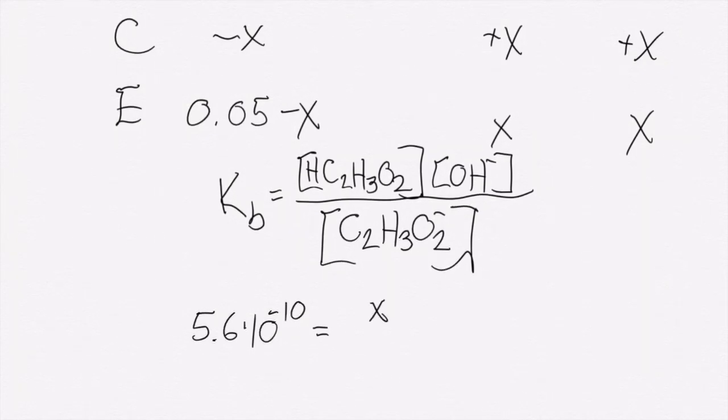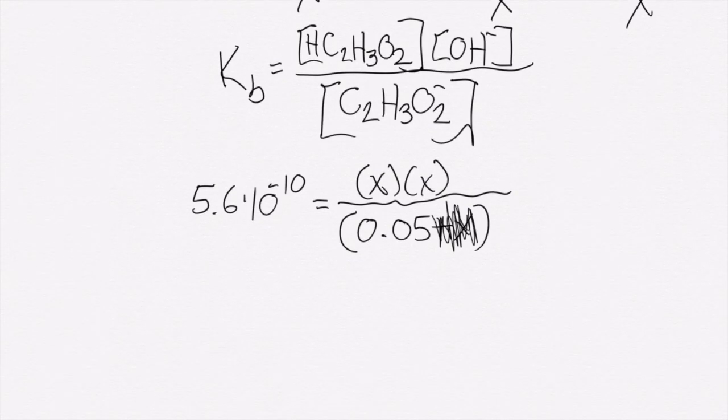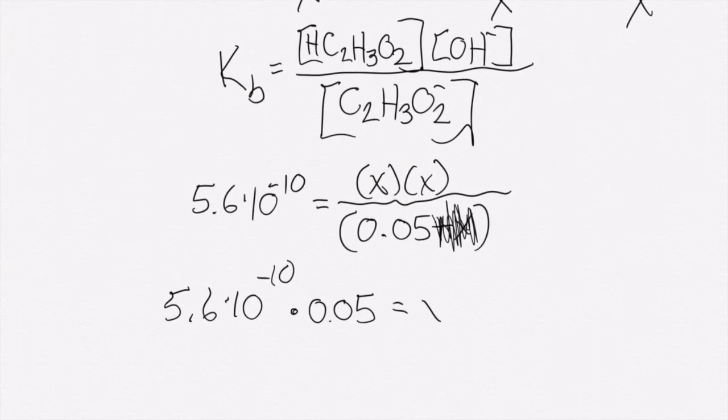At equilibrium, acetic acid is x, hydroxide is x, and the acetate ion is 0.05 minus x. Well, this looks like a quadratic, so I'm going to take a gamble and try to use my 5% rule to see if I can avoid using the quadratic. So with the 5% rule, go ahead and ignore this minus x term. We're going to take a guess that x is so small it's not going to really change that concentration. And so what we can do is take 5.6 times 10 to the minus 10th times 0.05 equals x squared.